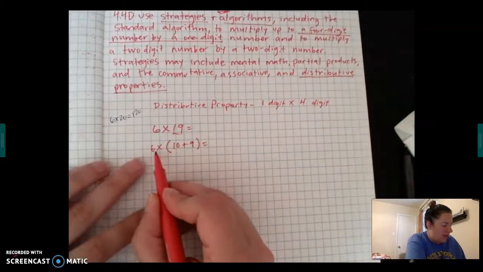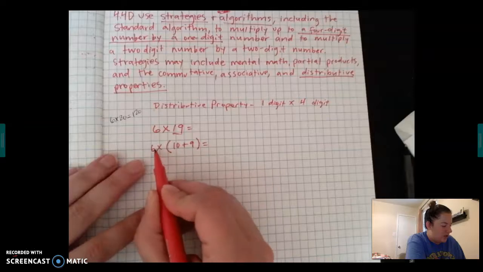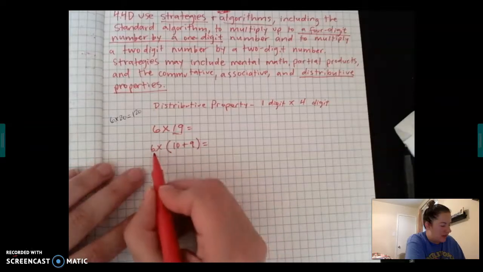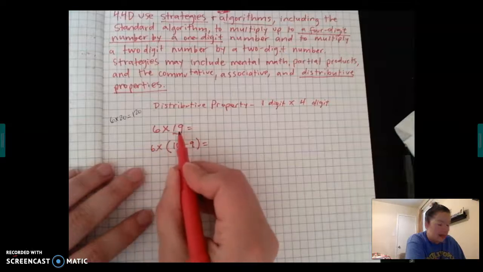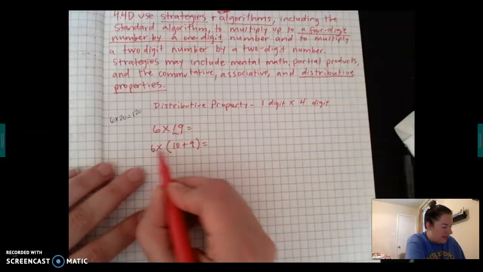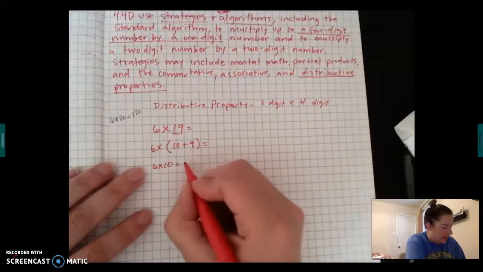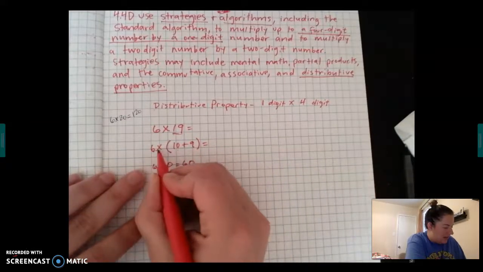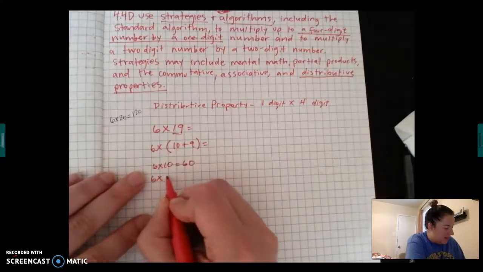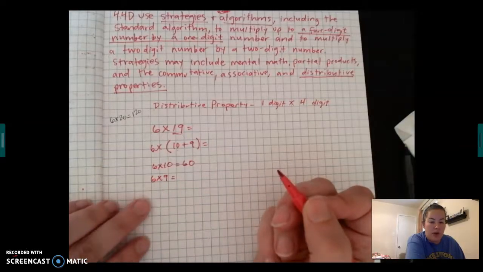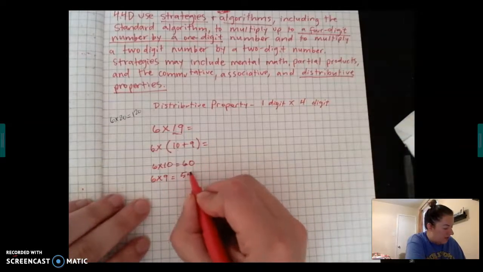So now what I can do is I can distribute these two multiplication problems, and they're going to be easier for me to solve. So instead of doing 6 times 19, I can do 6 times 10, which I know is 60. That seems easy. And I can do 6 times 9, which if we know our multiplication facts from 3rd grade, you should know that's 54.